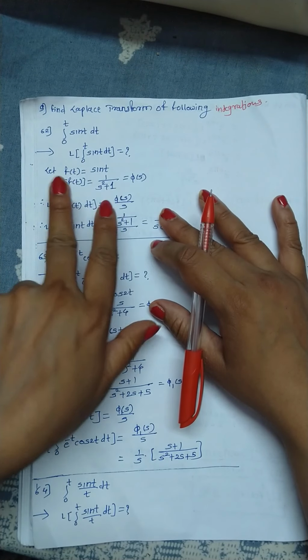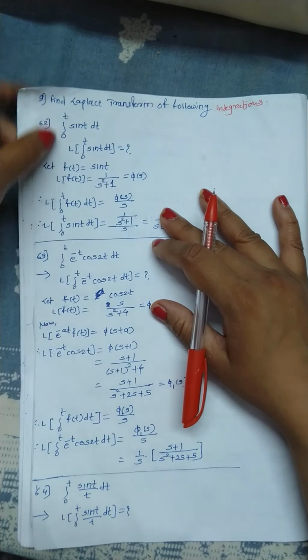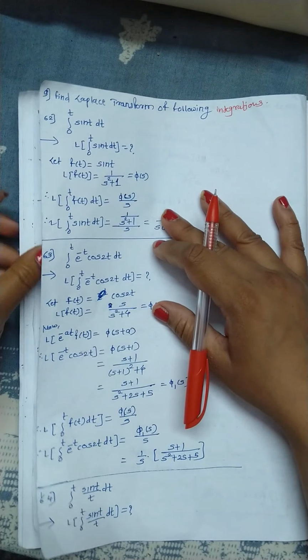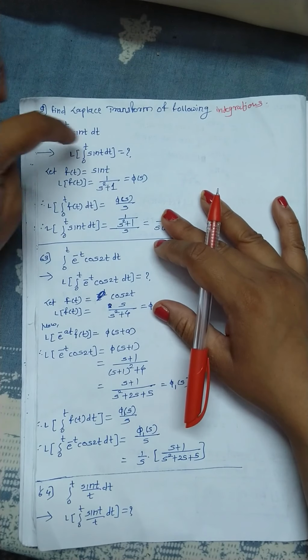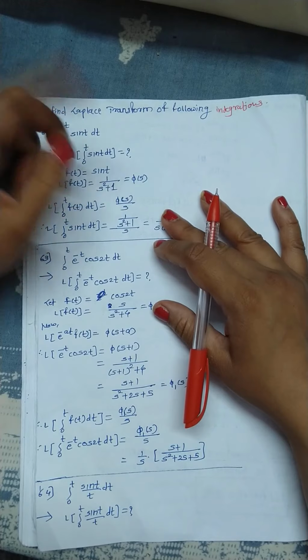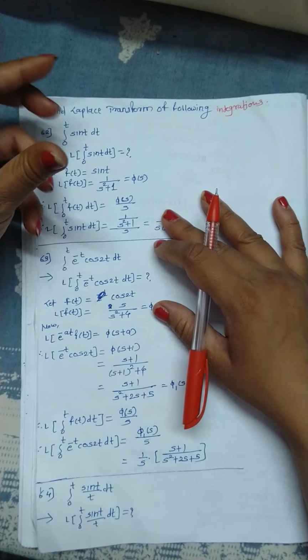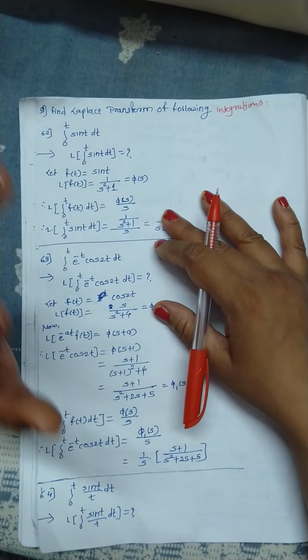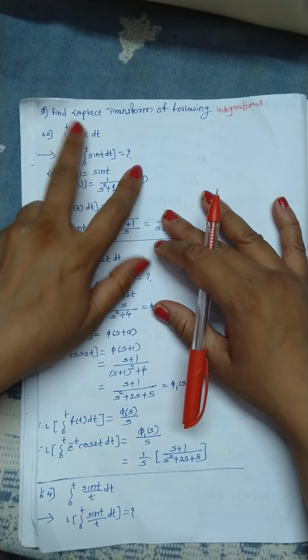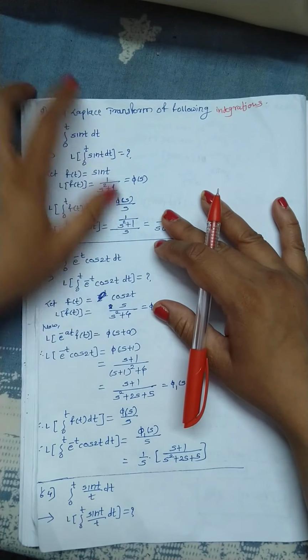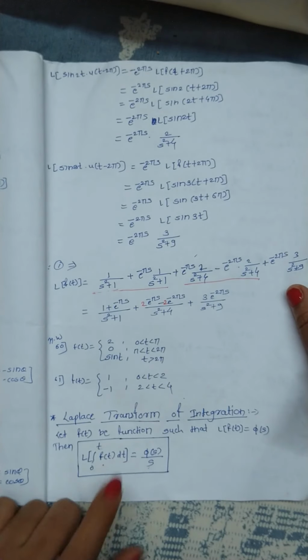This is the question. Now what is our first observation, what is the exact function and what property or what formula we have to use at the first step? What does this question consist of? Integration. That's why it is an example of Laplace transform of integration.